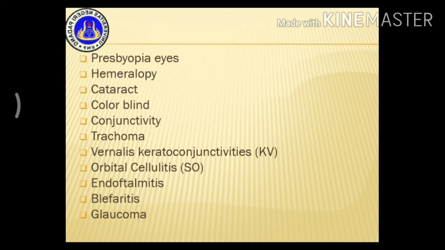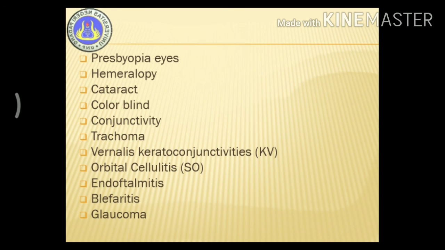Next, color blindness. Color blindness is a decrease in eye vision. People who are color blind are unable to distinguish certain colors. Next, conjunctivitis. Conjunctivitis is an eye disease caused by irritation or inflammation due to infection in the part of the membrane that lines the eyes.